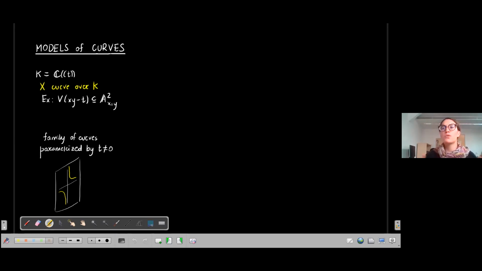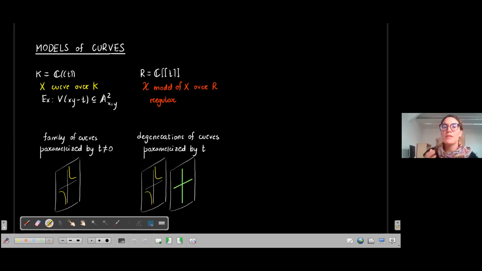Then what does it mean to consider a model for our curve X? Taking a model means that now we work over C double square bracket t. So now t can attain the value 0. So our family that was defined for t different from 0, now we want to extend it also over t equals 0.